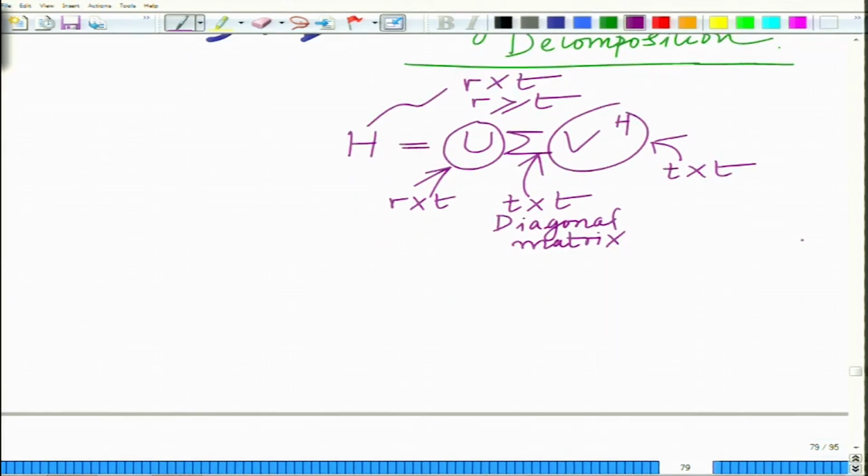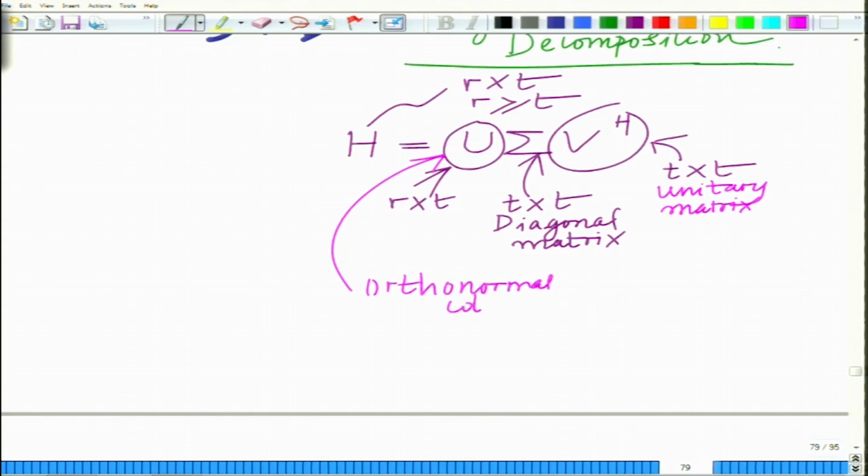V Hermitian is a unitary matrix. Now, U has orthonormal columns, which implies that the columns are orthogonal to each other and have unit norm, and therefore U Hermitian U gives you the identity.